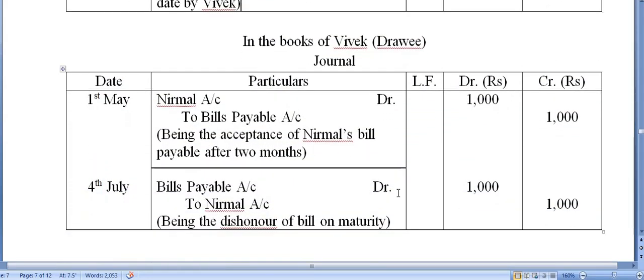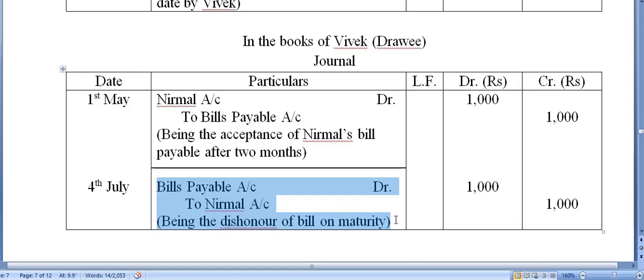As I already said, whether the bill was held by the drawer till maturity, endorsed, or discounted with the bank, there will be no change in the books of the drawee. You know the first entry, you are familiar with this, so you just do the reverse entry in the books of the drawee.